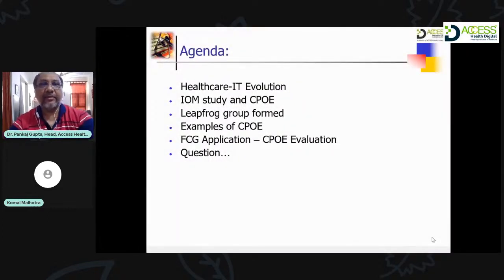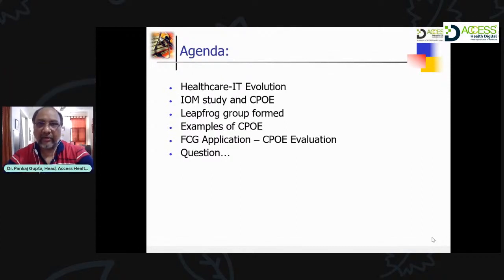If my screen is visible, the agenda for today is healthcare IT evolution. We will be looking at the Institute of Medicine report, that was a report released in the US about CPOE. The Leapfrog Group, an organization that was created for looking after the standard of CPOE's implementation.